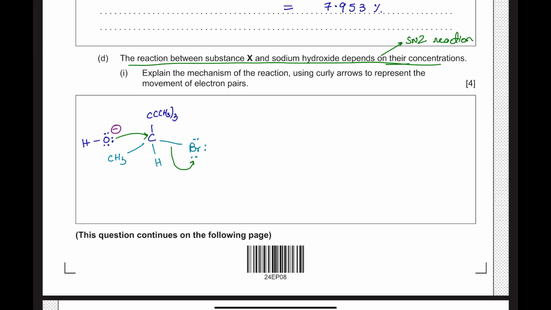So first they will form this intermediate. So we'll just draw dotted lines here.